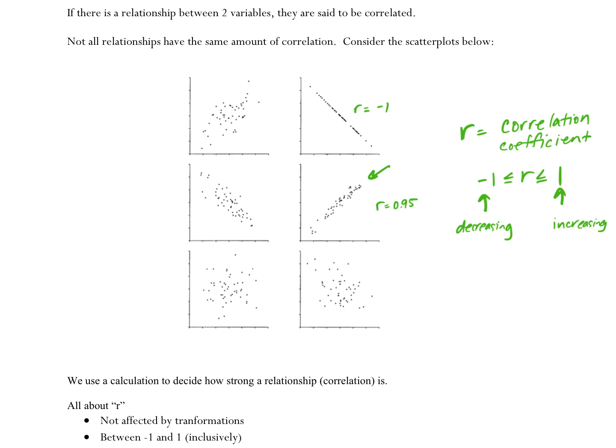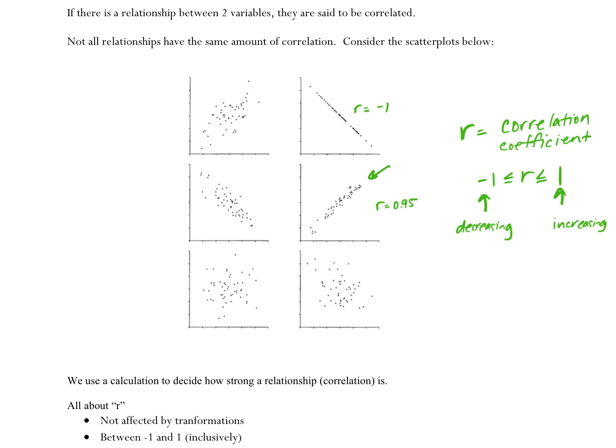The next one I'm going to focus on is this one, the bottom right. Overall, is this one increasing or decreasing, do you think? Decreasing? Are we comfortable with that? But are we also comfortable saying that it's not very strong?